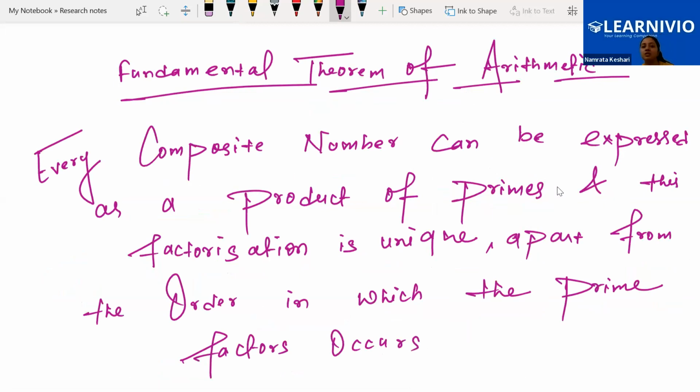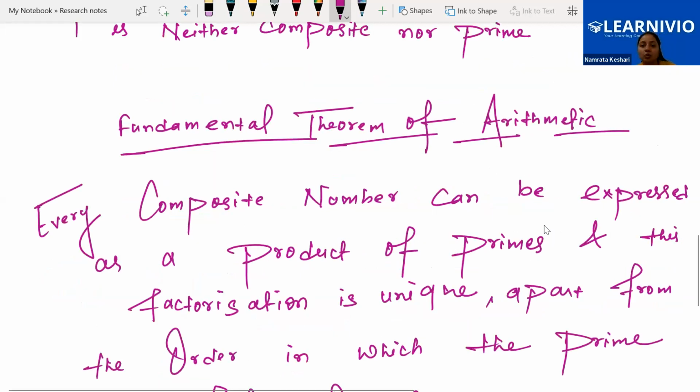This is what the theorem says. Okay, that is the fundamental theorem of arithmetic.